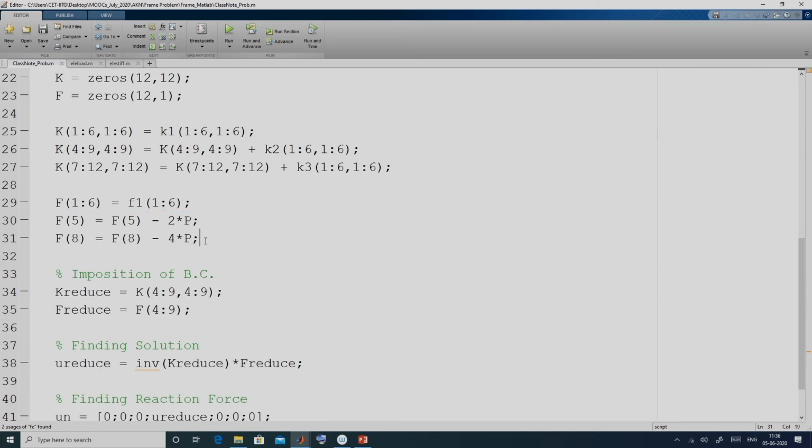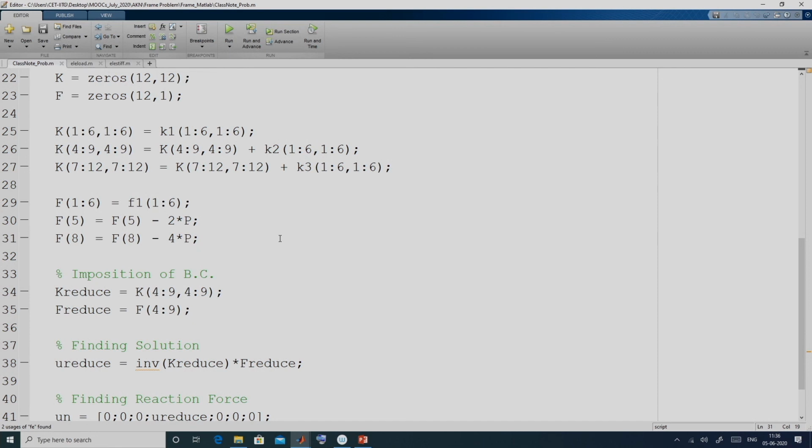After that, we take care of the fixed support at node 1 and node 4. All degrees of freedom at these two nodes are 0 because our support is fixed. So, our active degrees of freedom are 4 to 9. So, we impose this boundary condition and we get our reduced stiffness matrix from 4 to 9th row and 4 to 9th column.